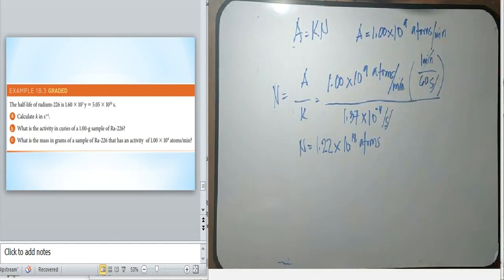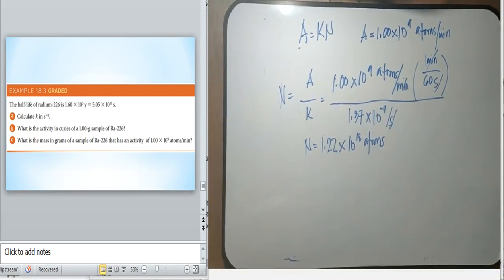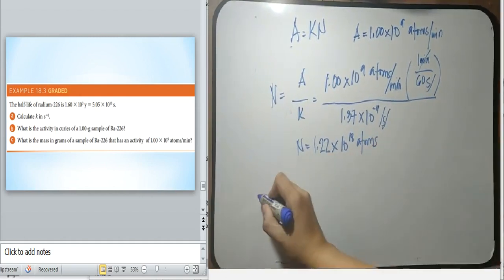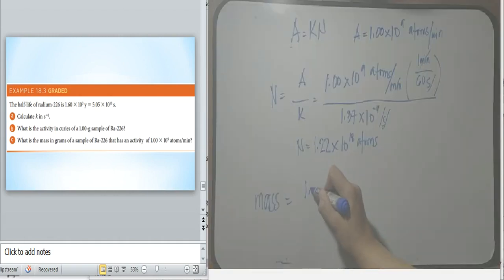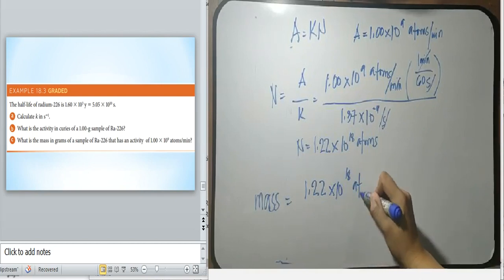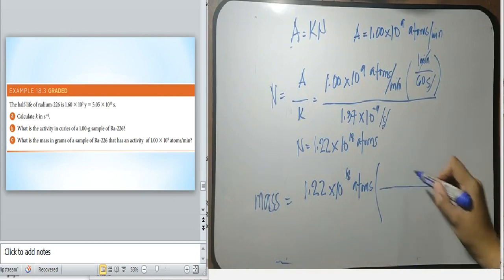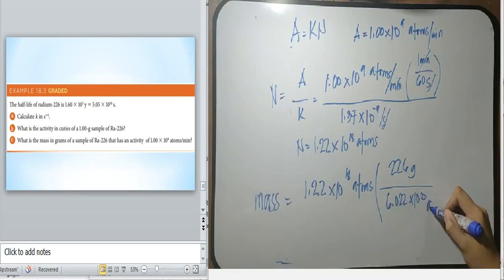So from there, we will be able to compute for the mass using, again, the Avogadro's number. Okay. So we have here the mass. 226 grams per 6.02 times 10 raised to 23 atoms.